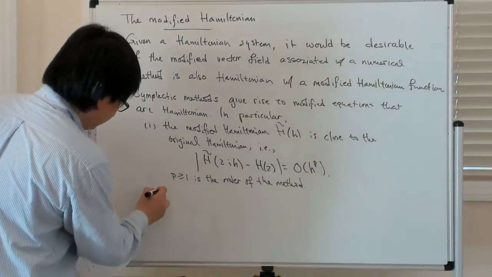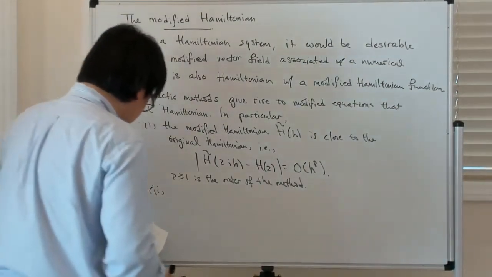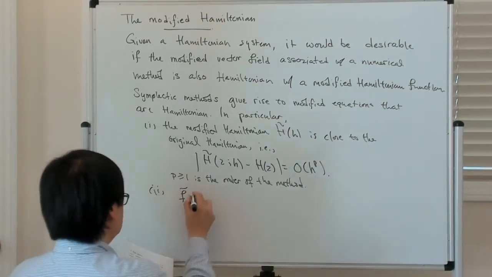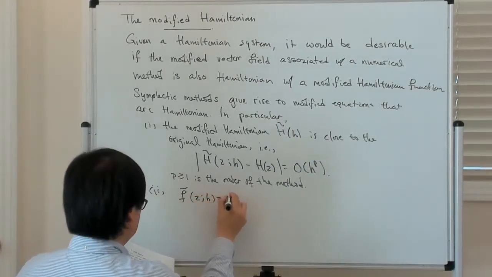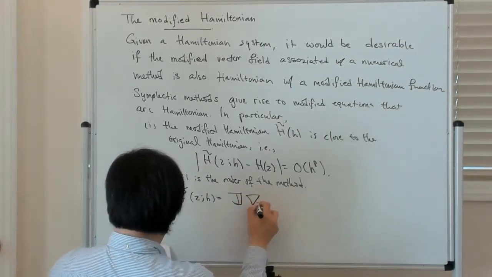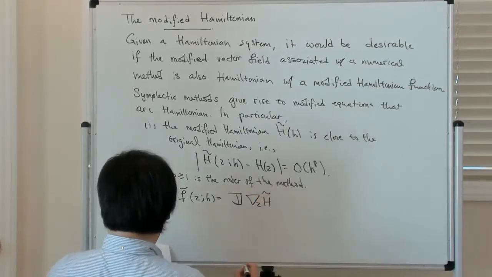And the second thing is that f tilde, which is of course the modified vector field of z and h, is the Hamiltonian vector field associated with some modified Hamiltonian h tilde.